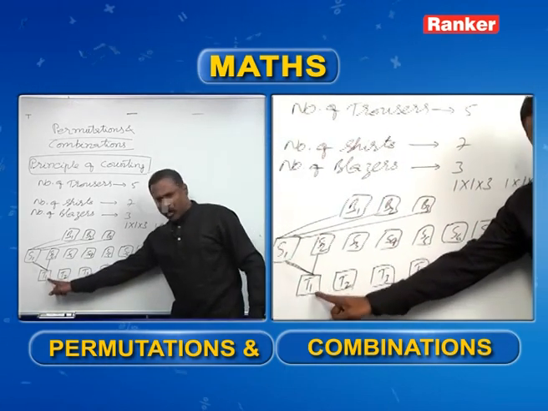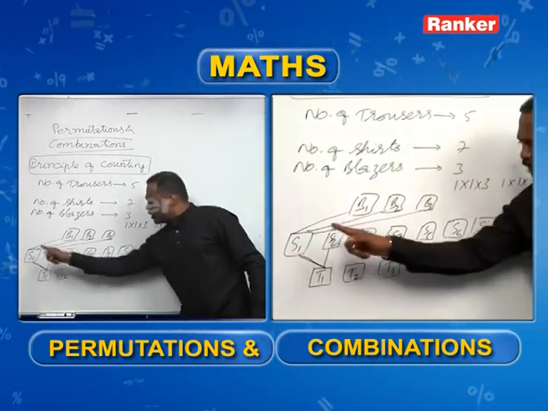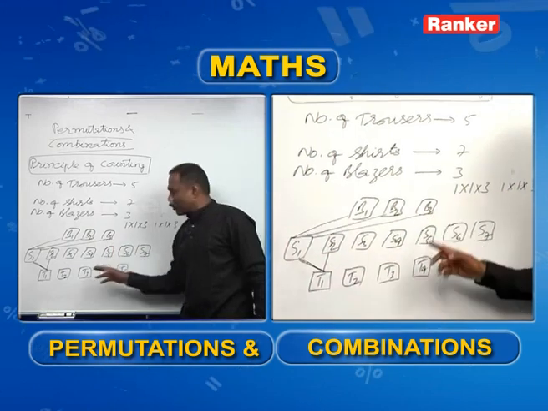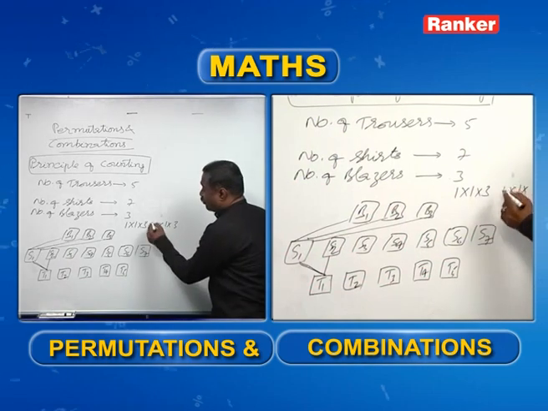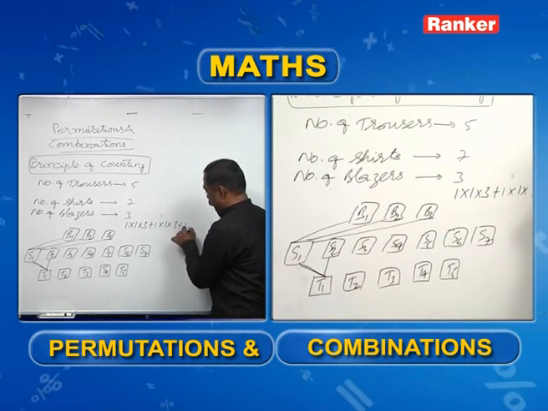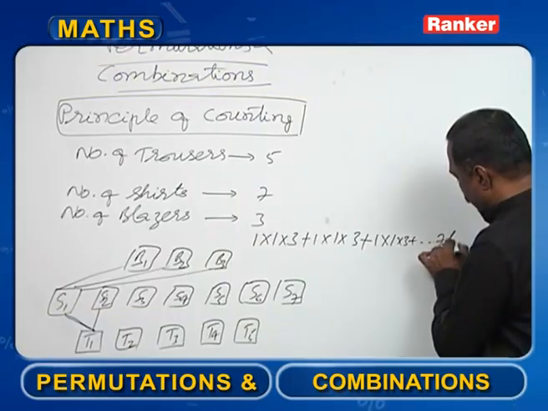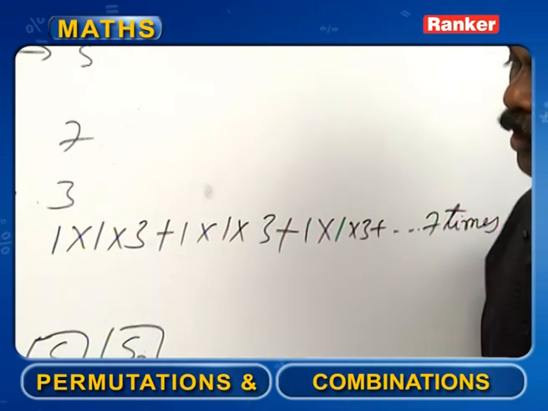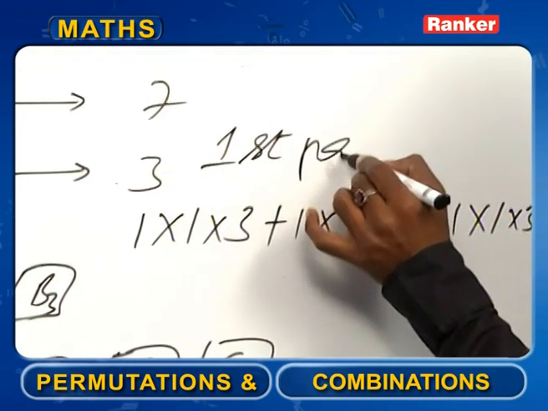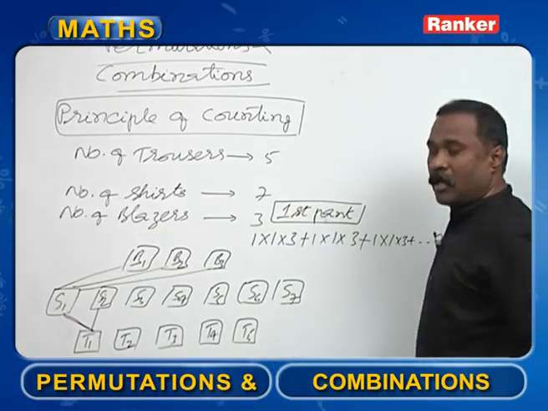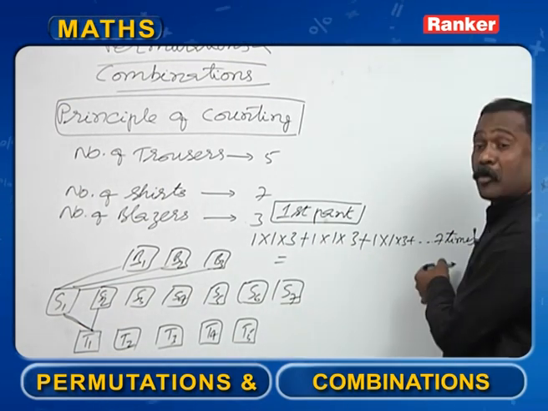So for trouser 1, that is the first pant, he has 7 shirts. Again for each shirt he has 3 blazers. So he will get 7 such different combinations. 1 into 1 into 3 plus 1 into 1 into 3 plus so on, 7 times.